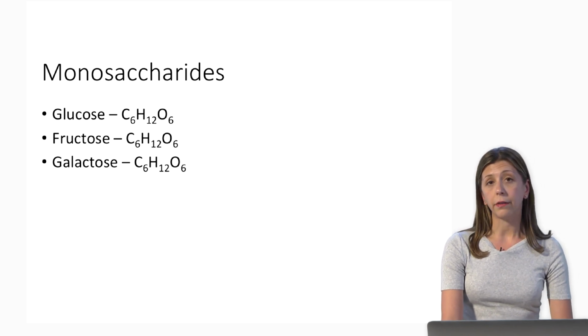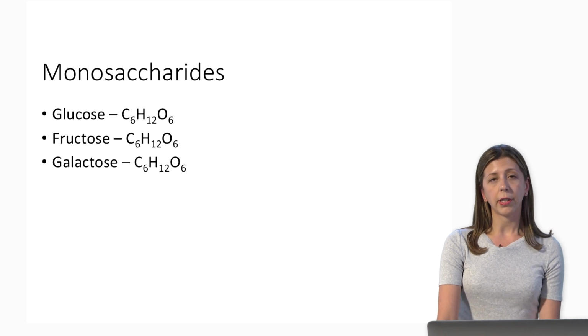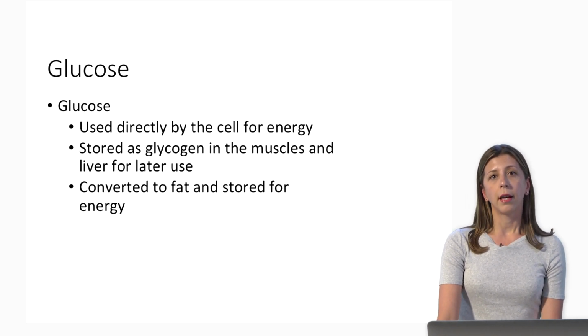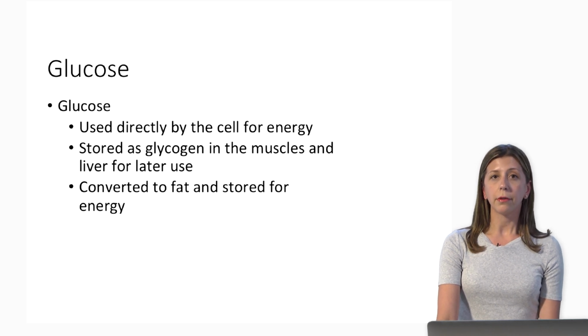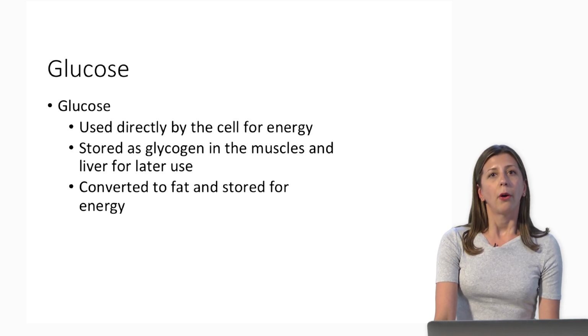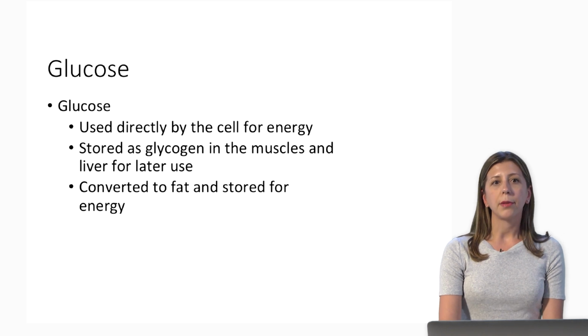Glucose is really of interest because eventually all carbohydrates break down into glucose. So we digest, let's say, a piece of bread, and then it gets broken down into glucose, and we absorb that. What happens after we absorb that is we use that directly for energy by all of our body cells.